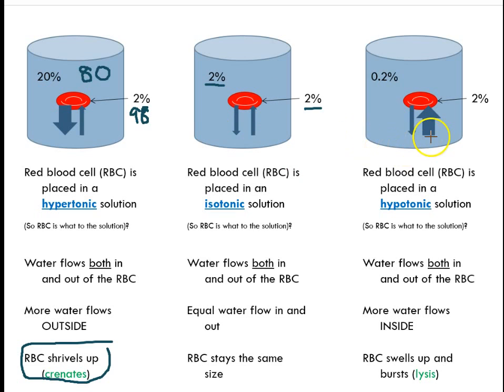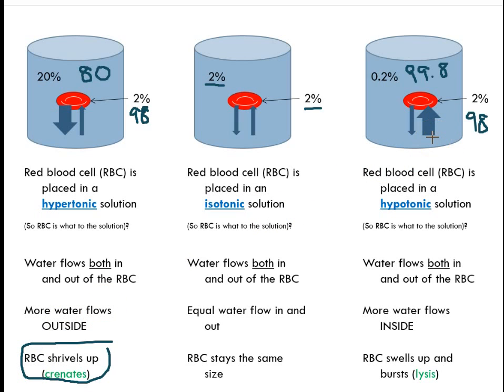But we could have a situation like this, where the solution outside the cell is higher in water. So here it's going to be like 99.8, and here it's 98. It doesn't sound like a big difference, but it's enough that water wants to go from a high concentration to a low.